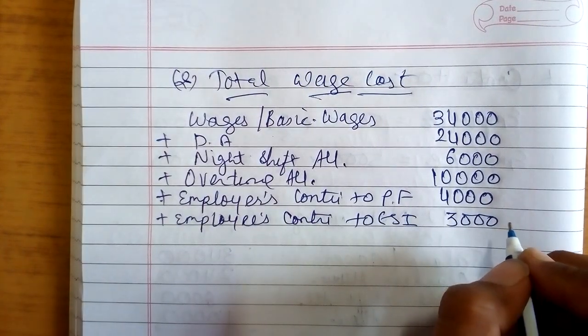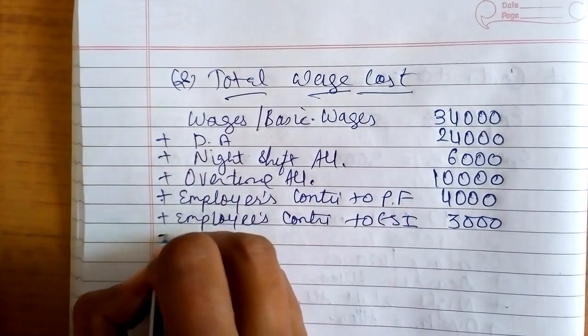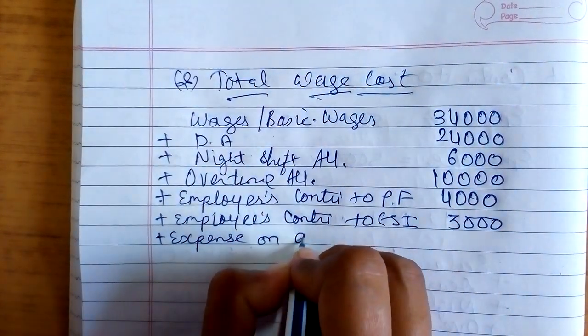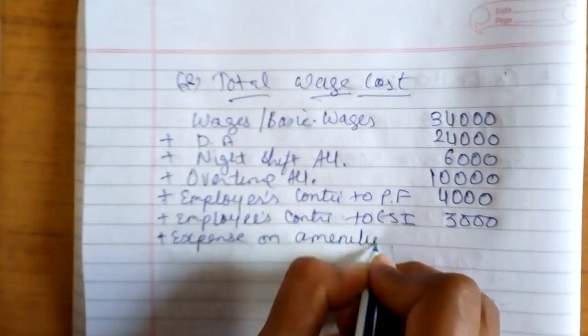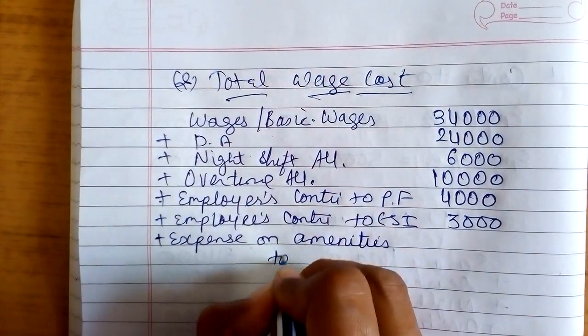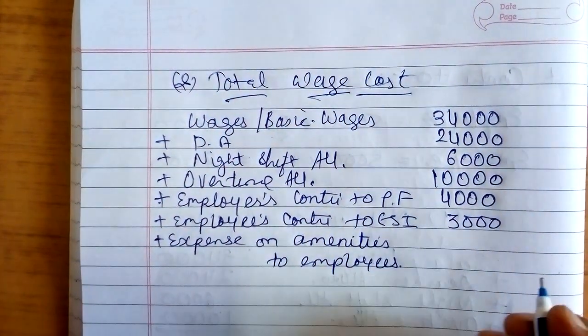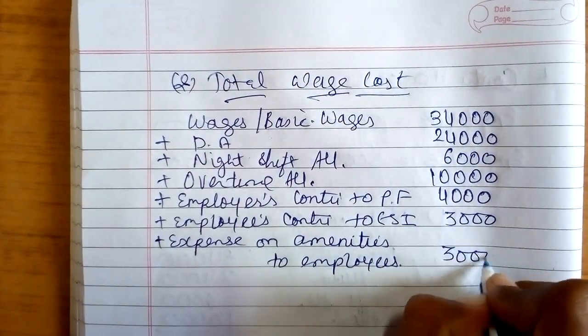Okay, and also the employer incurs expenses on amenities to employees, right? So that is 3,000.